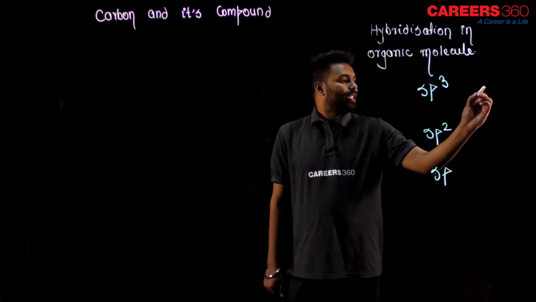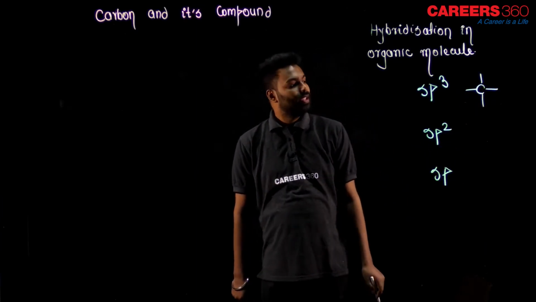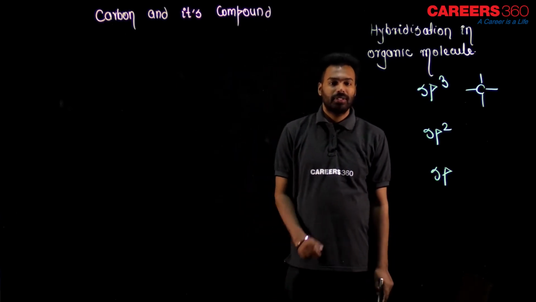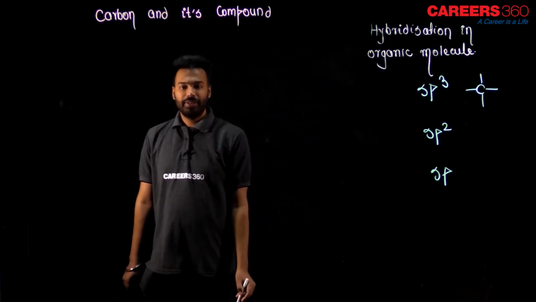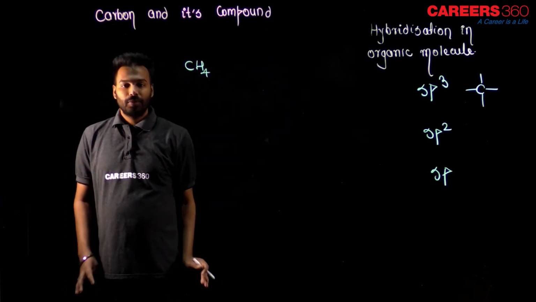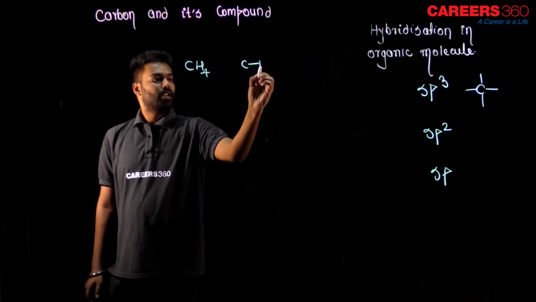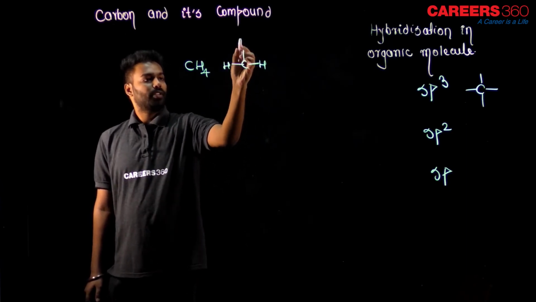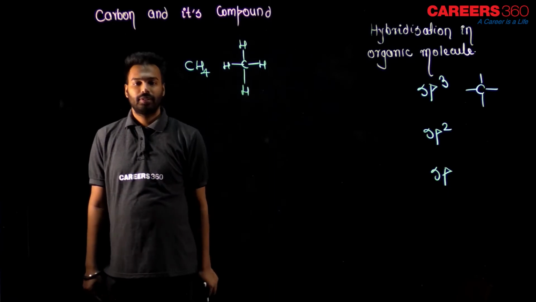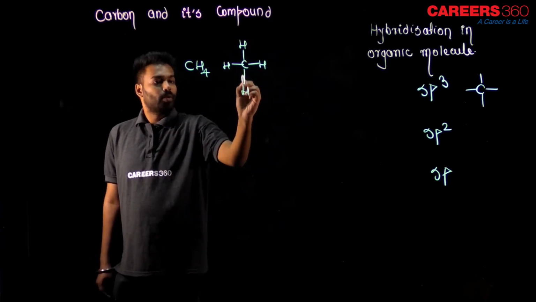If you find that a carbon is connected with single bonds only, then that carbon is an sp3 carbon. See, if I write CH4 and expand the structure, it is C with H, H, H and H. Can you see the carbon is involved only with single bonds?